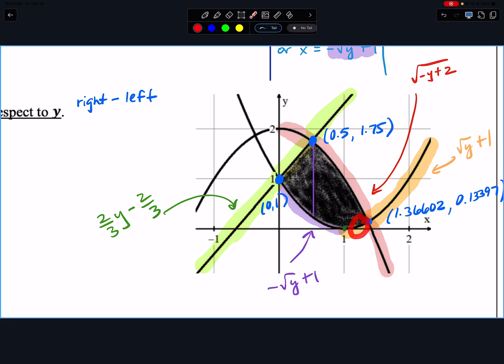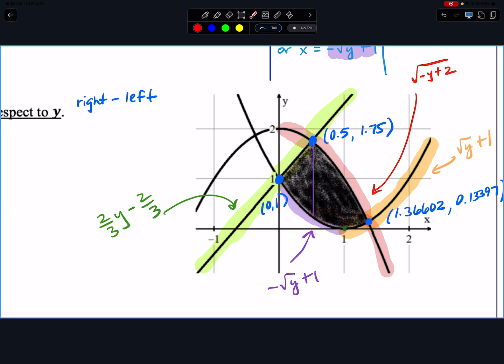This orange part is the right part at the beginning. What is the left function? What color? Purple. Good. So the beginning is orange, the right part, and the left part is the purple. So that's why I color coded it to help us out.